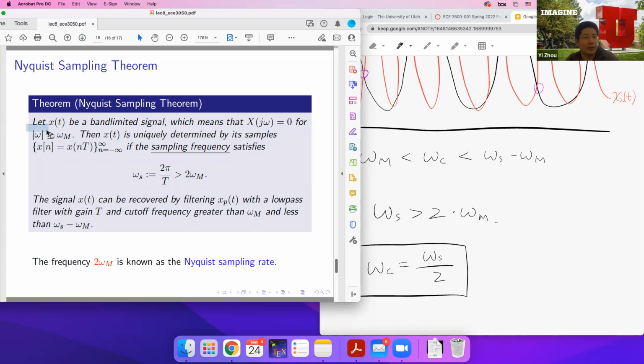Basically, if you have a band limited signal with bandwidth omega m, expressed in terms of angular frequency, the unit is radians per second, it's not hertz, then in order to preserve the information in the sampling process, your sampling frequency must satisfy this Nyquist criterion. The sampling angular frequency must be higher than 2 times the bandwidth. 2 times the bandwidth is known as the Nyquist sampling rate.